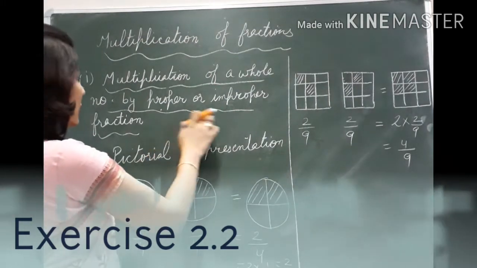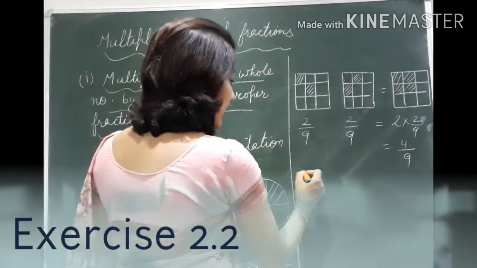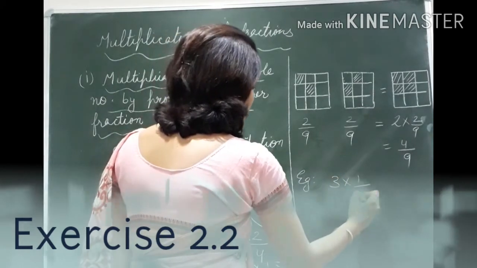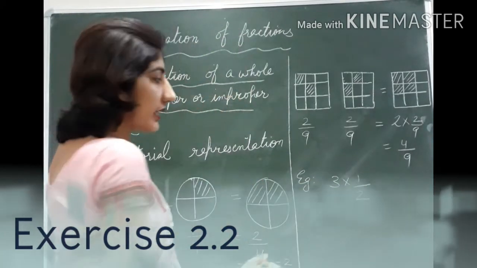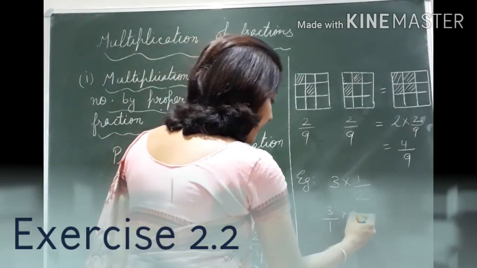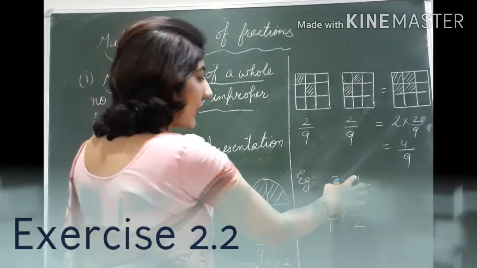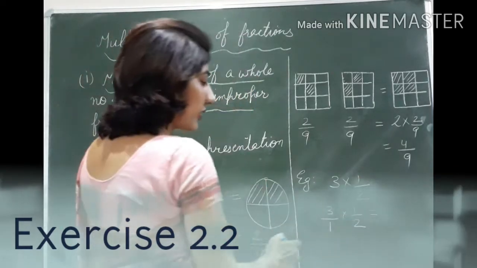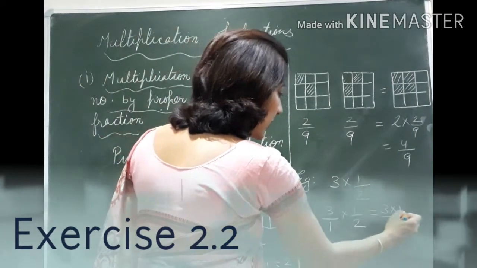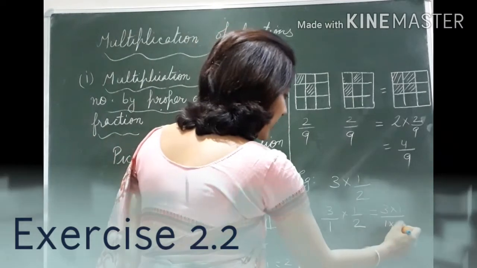Now multiplication of a whole number by proper or improper fraction. For example, if I get 3 multiplied by 1/2, what I will do? This whole number I will write as 3/1. As you know, nothing is in the denominator, means 1 is there. 1/2 I have written as such. Now numerator multiply by numerator, that is 3 into 1, upon denominator multiply by denominator, that is 1 into 2.